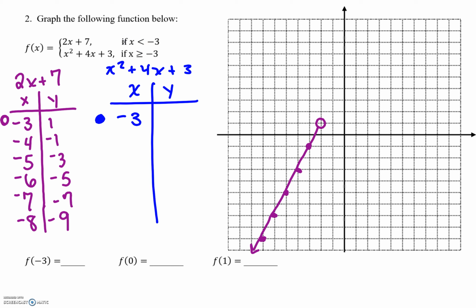So now we're going to start graphing that -3, comma 0. That's a closed circle. -2, -1, -1, 0, 0, 3, 1, comma 8.